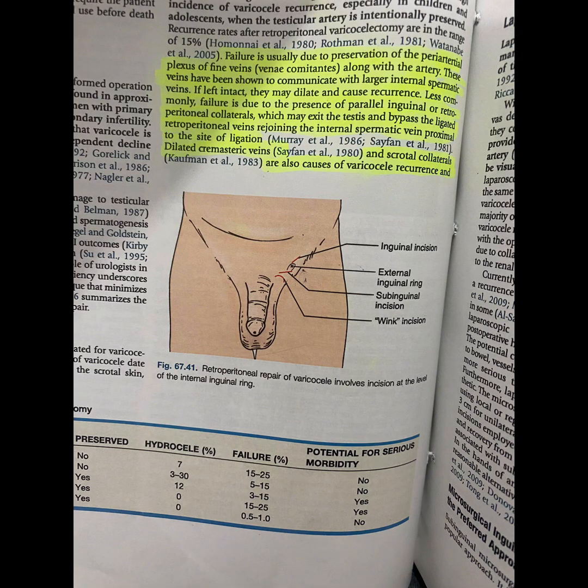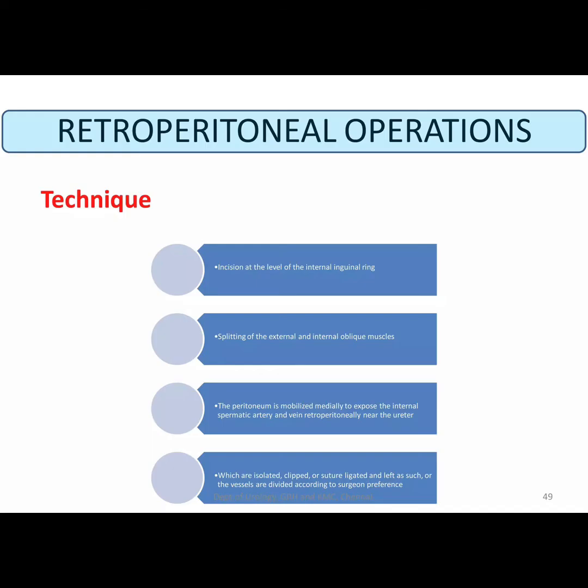This approach has the advantage of isolating the internal spermatic vein near the point of drainage into the left renal vein, so we can go at a very high level. At this level only two large veins are present, and in addition the testicular artery has not yet branched and is often distinctly separated from the internal spermatic vein, so that's why it's important.